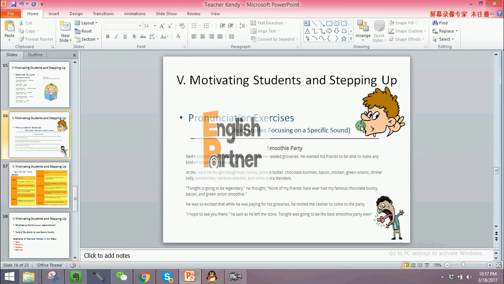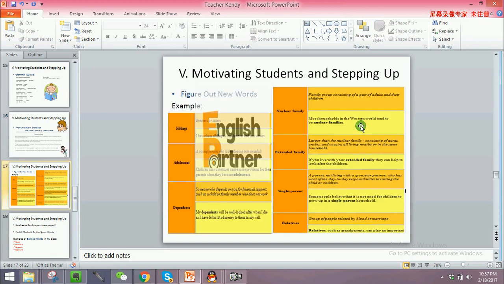Talking about words, another way to help them figure out new words is I give them some files or documents which are related to some topics in IELTS, such as this example, which is a screenshot of only a portion of a document about family.